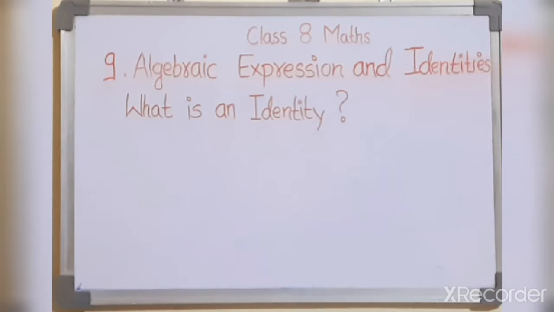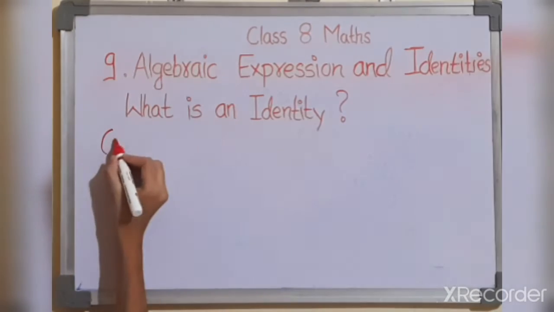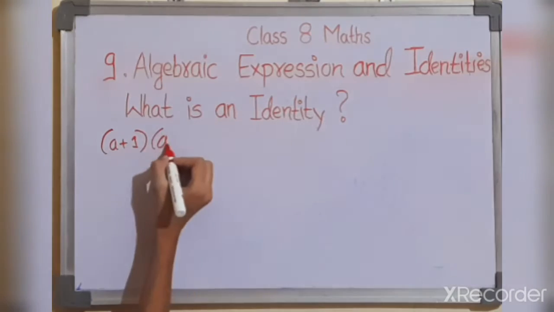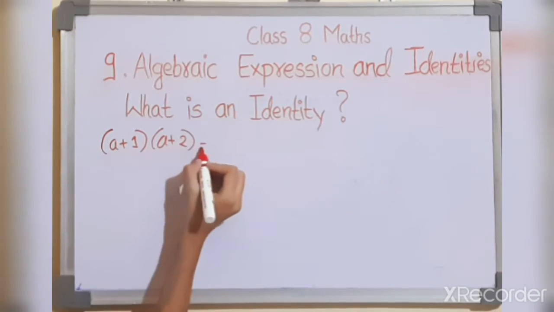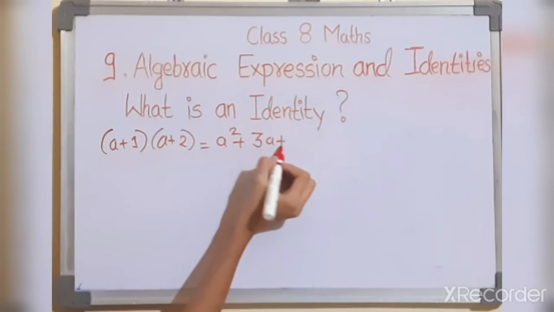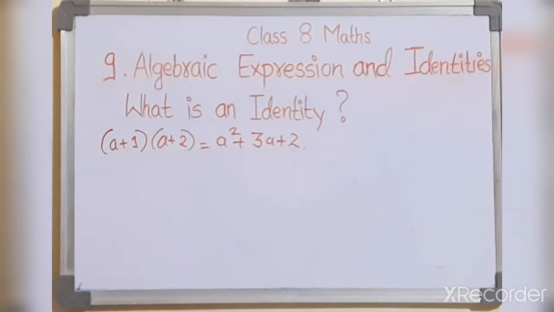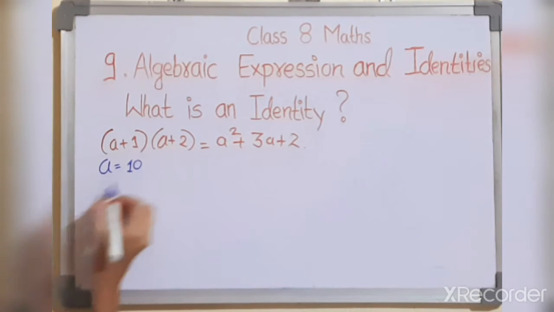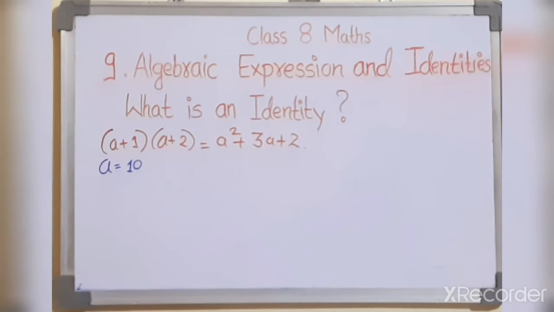Consider the equality (a + 1)(a + 2) = a² + 3a + 2. We shall evaluate both sides of this equality for some value of a. Let's take a as 10. Then what will be the left hand side?